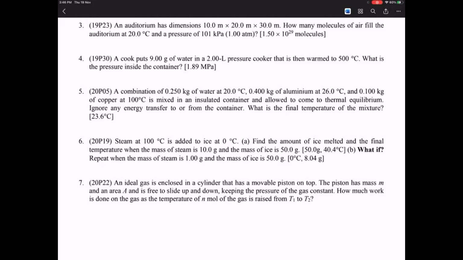Okay, so here it starts with a very simple situation. You start with steam, 100 degrees C, and ice, 0 degrees C. When you start with 10 grams of steam and 50 grams of ice in part A, you are asked to find out how much ice is actually melted and what is the final temperature of the mixture.